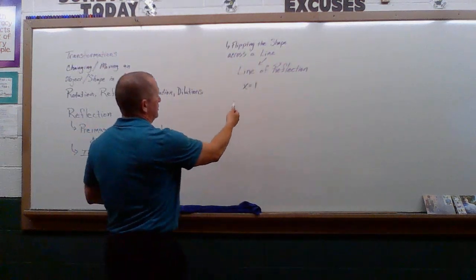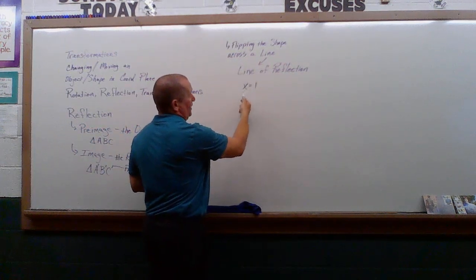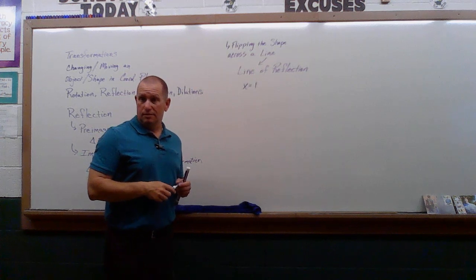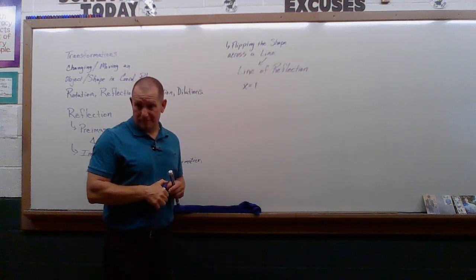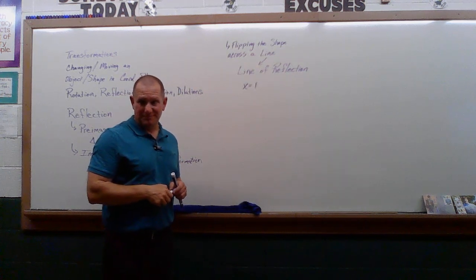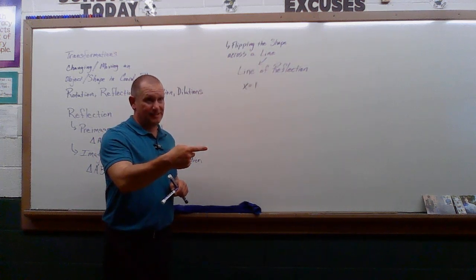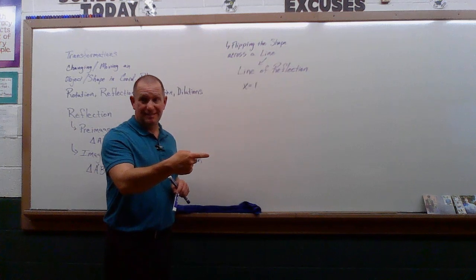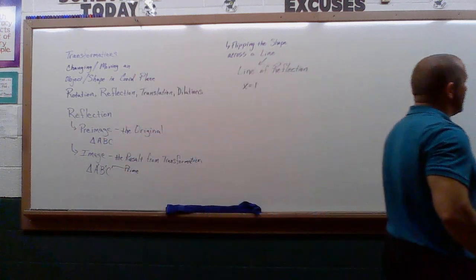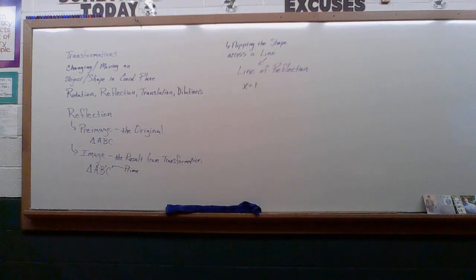So, first off, how do I graph x equals 1? To the right one, and then what kind of line is it? It's a vertical line, right? So if I'm going to do it towards x equals 1, here's my line.